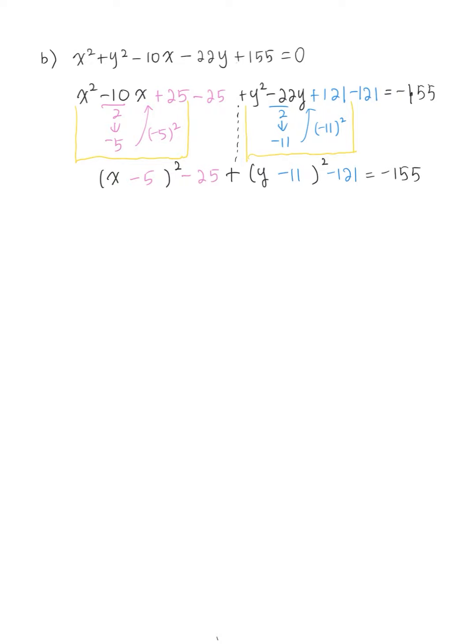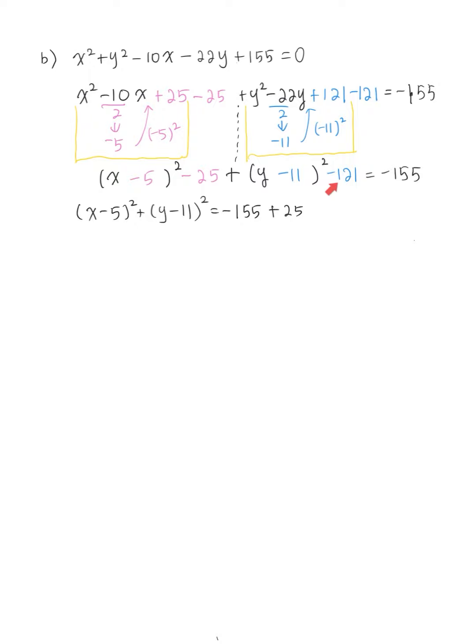Okay, so the next step is this. Let's bring all the constants to the right-hand side. So then we get (x minus 5) squared plus (y minus 11) squared equals negative 155. Now I'm going to add 25 to both sides to make this into a 0. So here you're going to add in plus 25 and do the same thing for that minus 121.